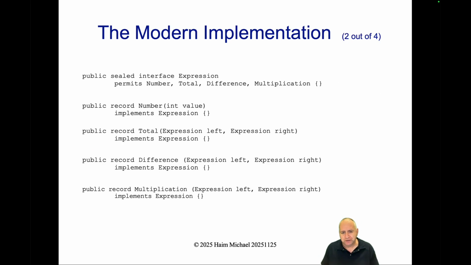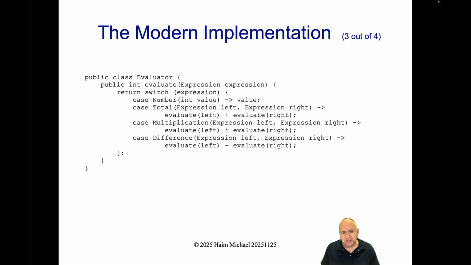So first we define the interface expression, and then we define those classes that implement expression. We will use the record keyword in order to get classes that automatically include various methods such as equals, toString, and so on.